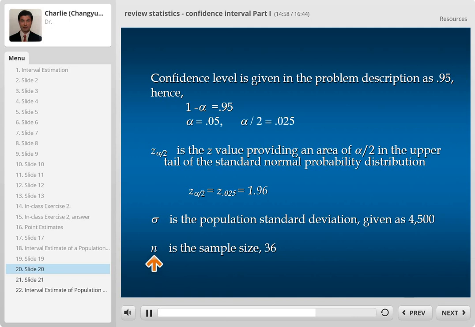N is the sample size, which is given as 36. So now we're ready to calculate the confidence interval. By the way, when you solve any confidence interval problem, please follow the steps here to lay out all this information in front of you before you use the formula.